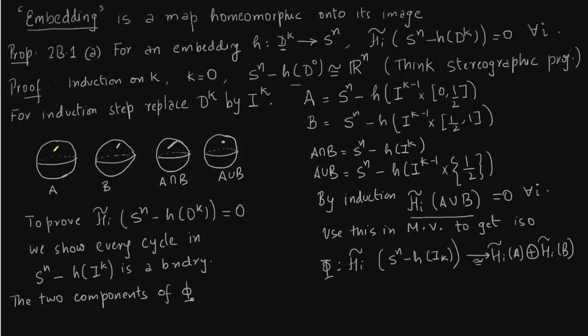A intersection B is part of A and part of B. So S^n minus I^k, which is A intersection B, is contained in A and B, and these are exactly the parts which produce the Mayer-Vietoris sequence.